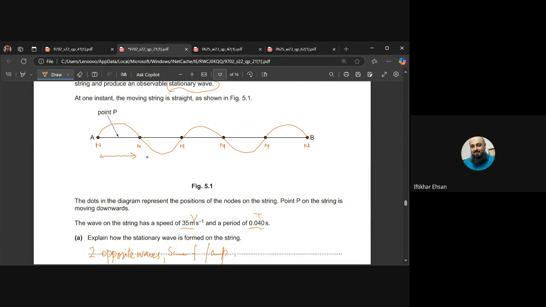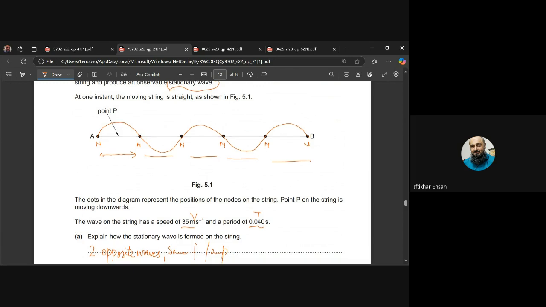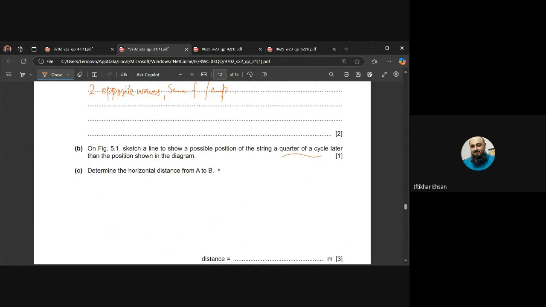So one, two, three, four, five half wavelengths. A to B is equal to five times half wavelength. So first we need to know the wavelength. How would you find the wavelength?